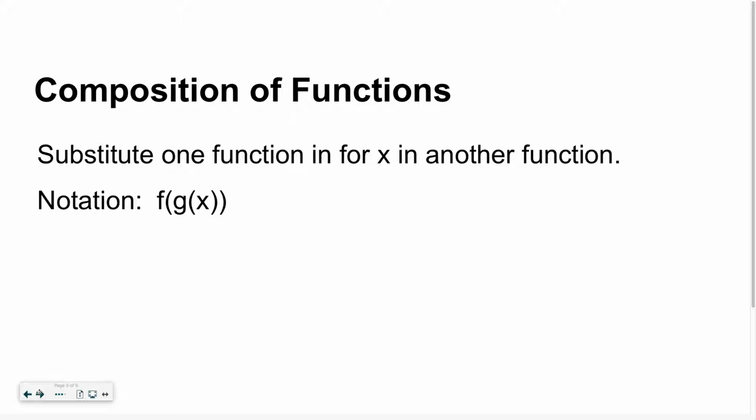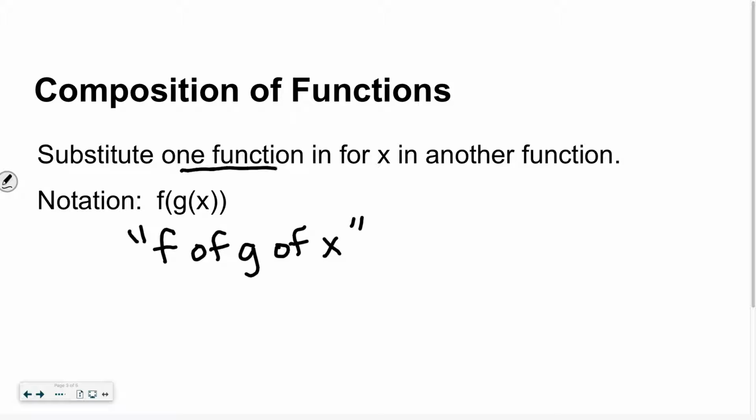It looks like it has a lot of parentheses, and when I say this, I'm going to say f of g of x. So we're talking about some function notation. Normally, it's just f of x, and you plug different x's into a function. Like if I said f of 2, I would plug 2 in everywhere I see x.